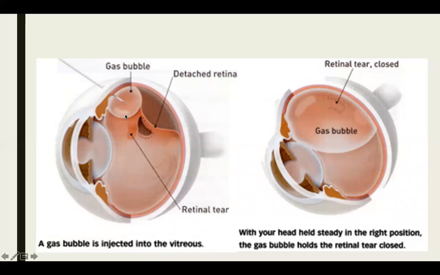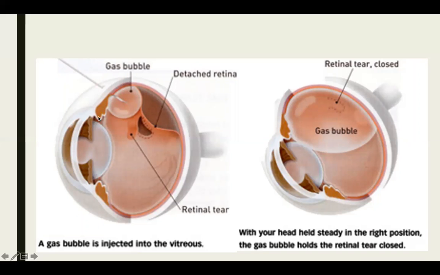There are different types of gases used: SF6, C2F6, C3F8. Some gases will work only for a few days, about 5 days. The C2F6 will work for about 30 days, and C3F8 can work for up to about 2 months. For 2 months, it will be there within the vitreous cavity.